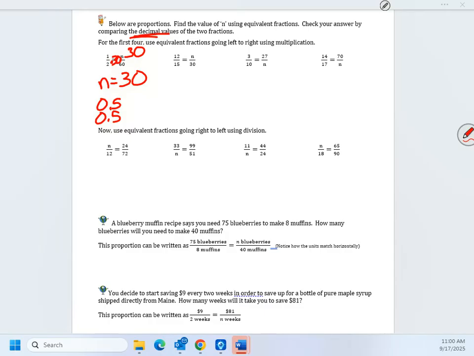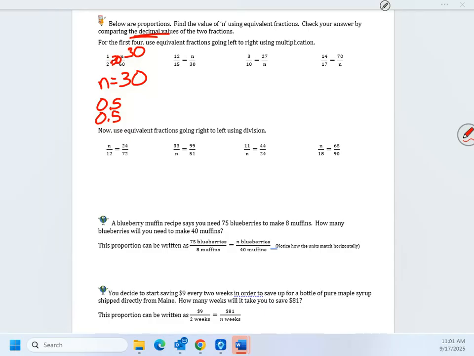Going backwards, we look at this and say, okay, how did I go from 12 to 72? I can either multiply up or I can divide down. So 12 to 72, I'm multiplying up. If I don't know what number to multiply, because I might not know my 12s as well as I know multiplying by 5s, you might not know those multiplication facts, work it backwards.